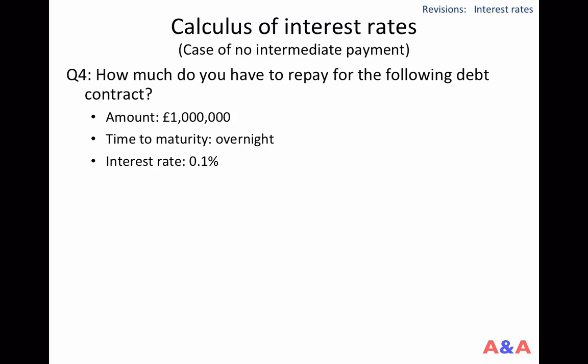Same thing can be said when you borrow for an even shorter period, like for 1 day. How much do you have to repay for the following debt contract? Suppose you borrow £1 million today, and time to maturity is 1 day, overnight contract, and interest rate is 0.1%. How much do you have to repay tomorrow for this contract?